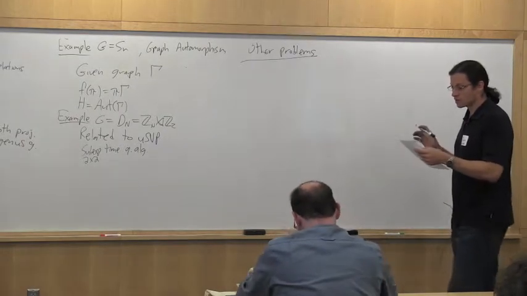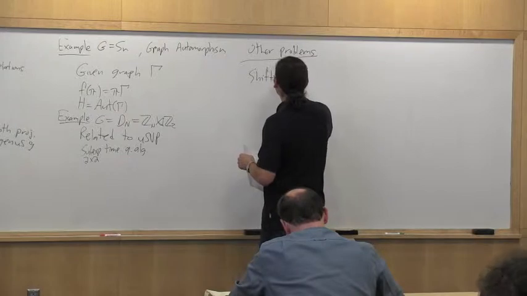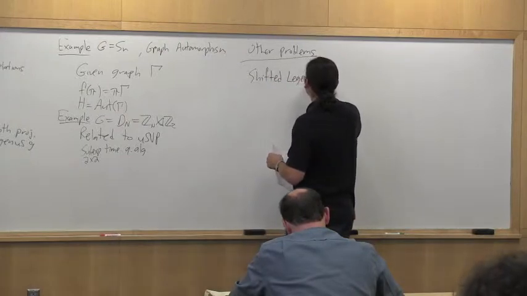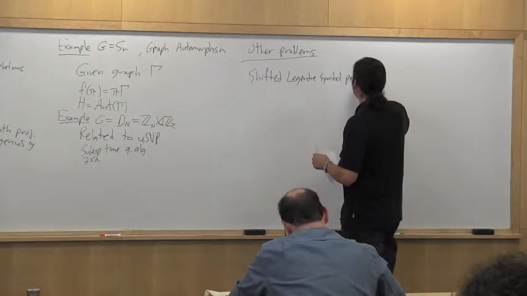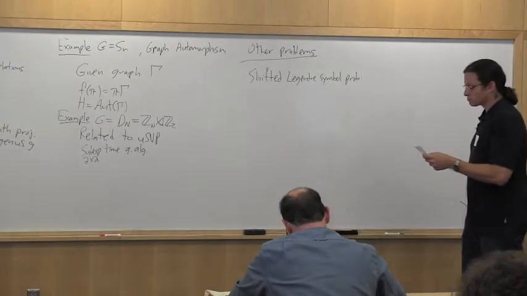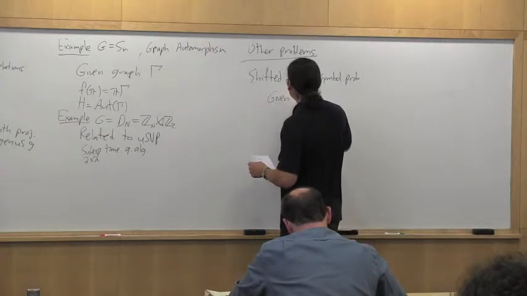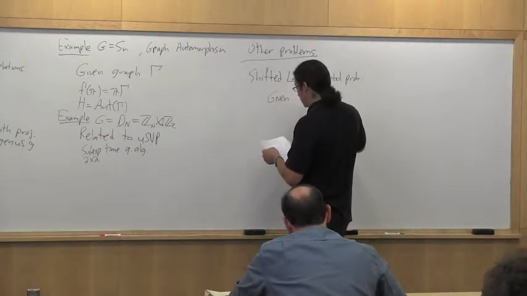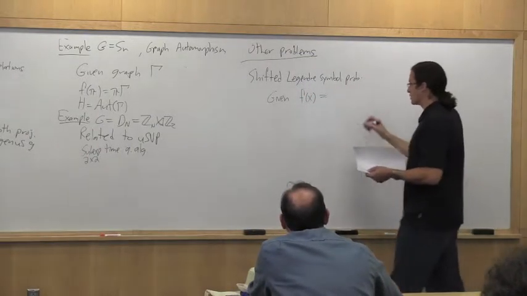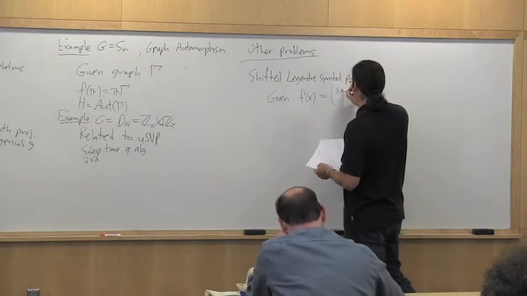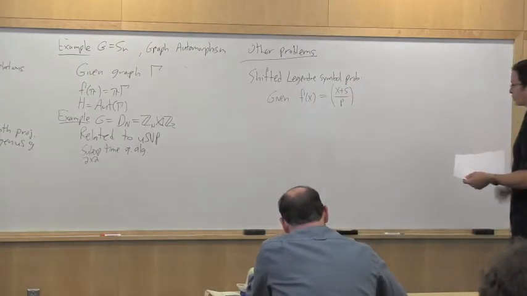So the first problem is the shifted Legendre symbol problem. In this case, you're given a function f, and if you evaluate it at x, it evaluates to the Legendre symbol of x plus s, working mod p.